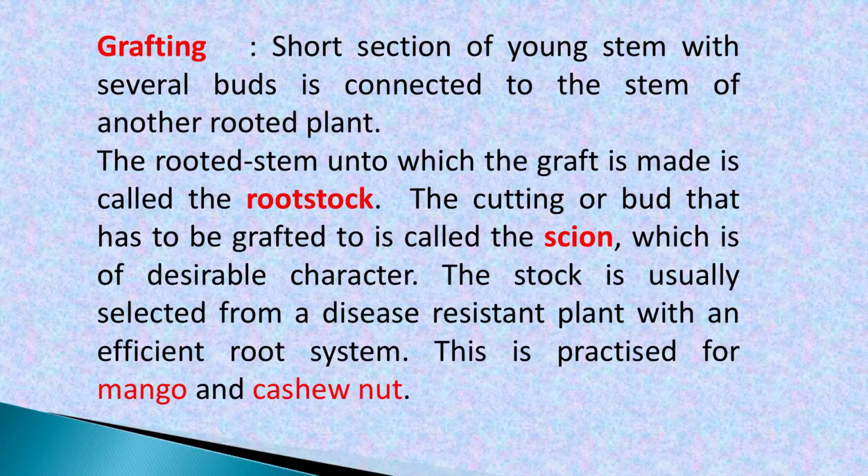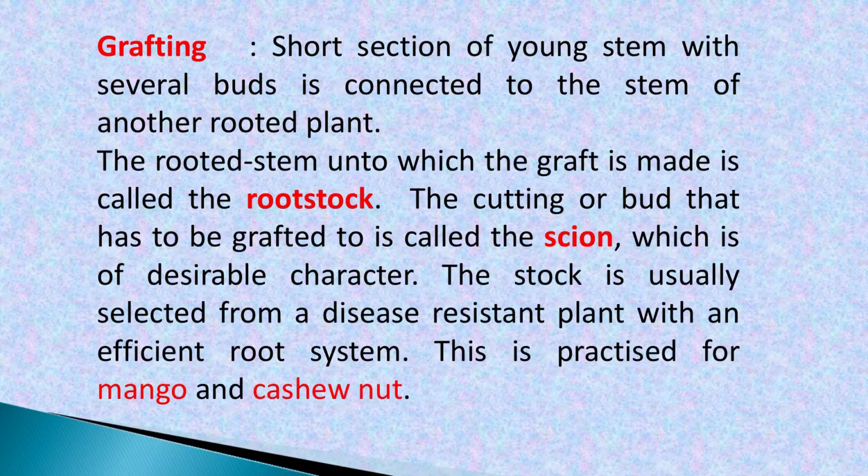So, next is grafting. Grafting is a technique in which a stem portion having a few buds is selected from a flowering plant of our interest, and it is grafted to a rootstock, a plant which is rooted in the soil or in a container.